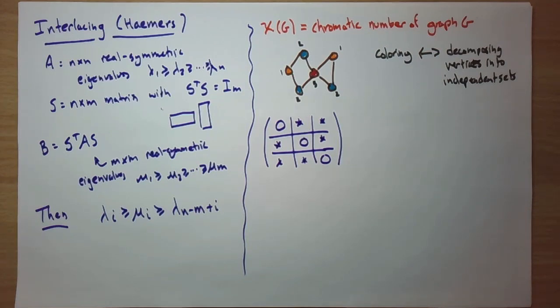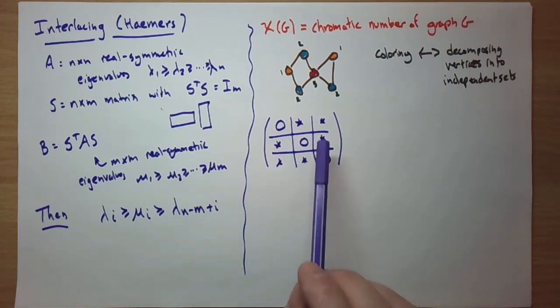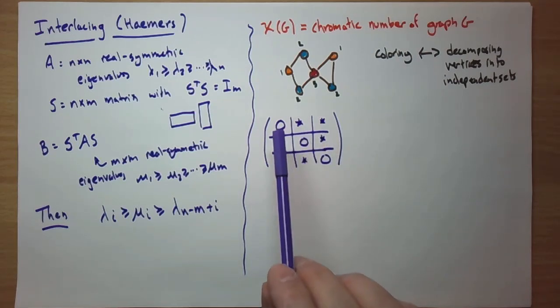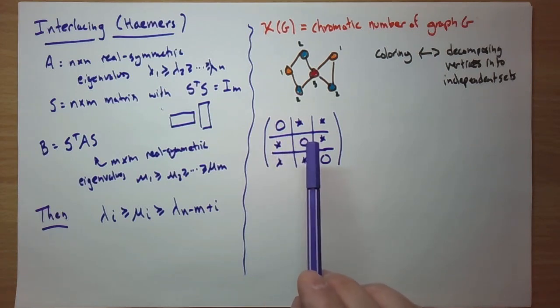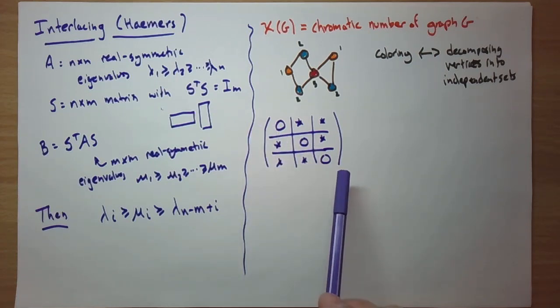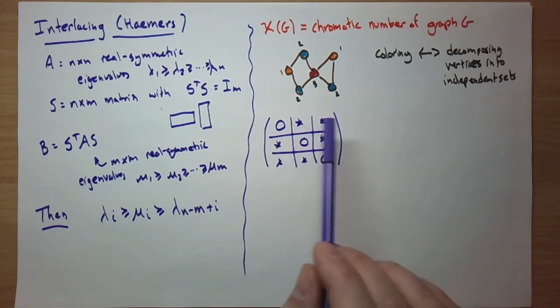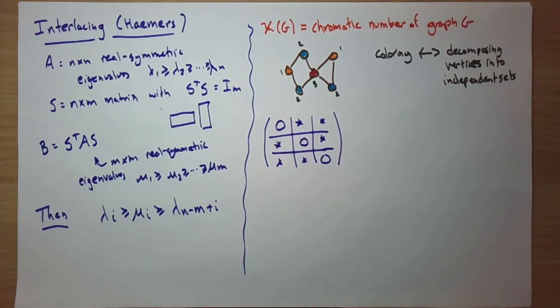But what we know definitively is that we've got these 0 blocks. And now we're like, oh, if you squint your eyes, it kind of looks like a smaller matrix with zeros on the diagonal and other stuff on the off diagonal. Could we use that? And the answer is going to be yes, we can.